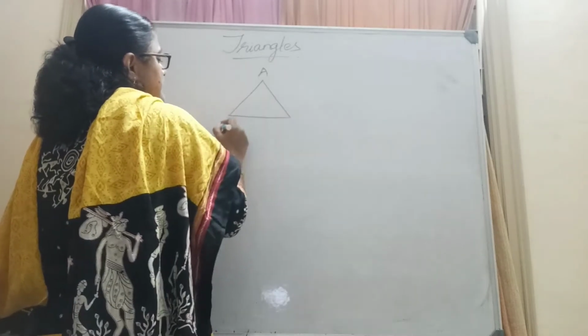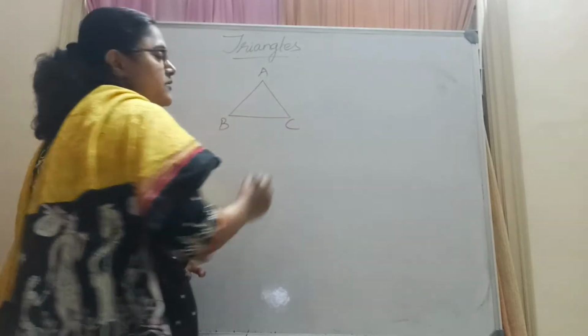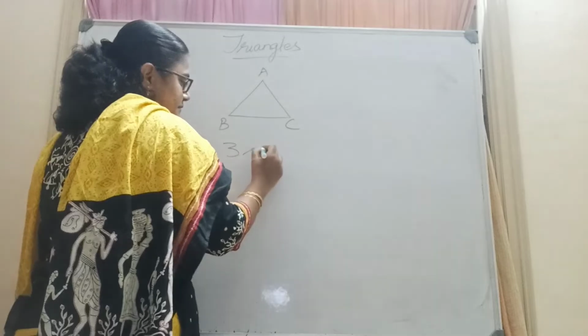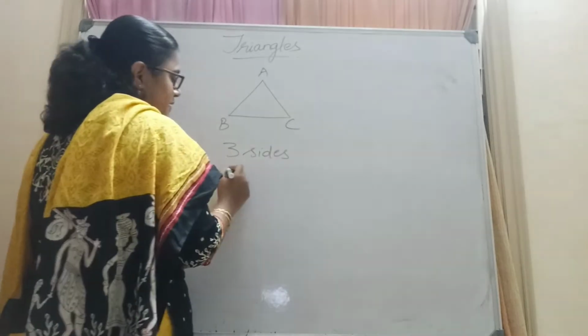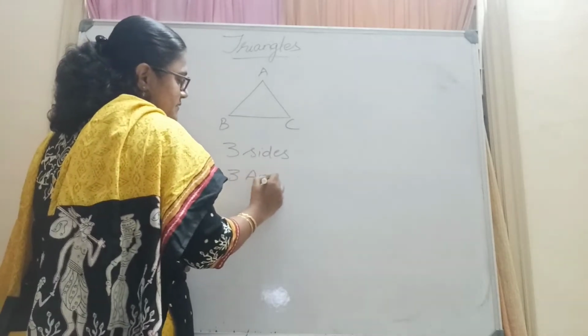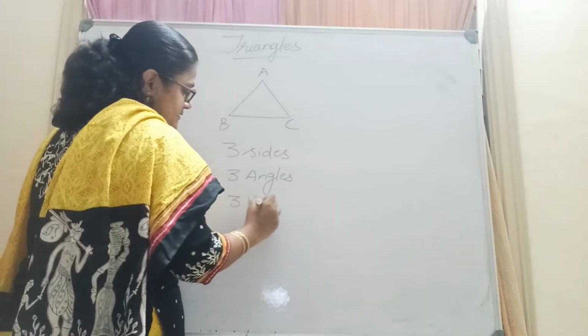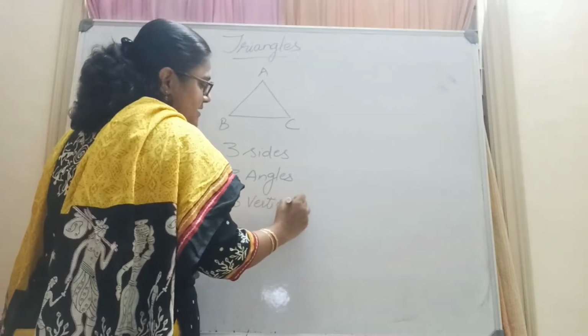A triangle is a three-sided closed figure which has got three sides, three angles and three vertices. This we all know, right?